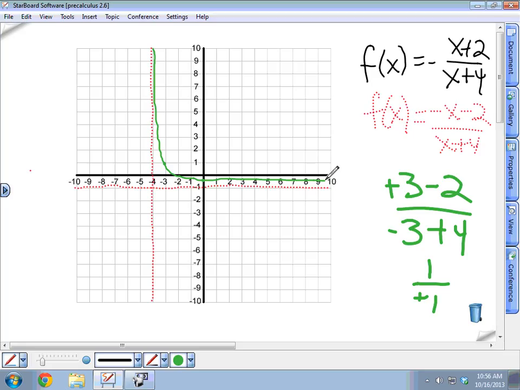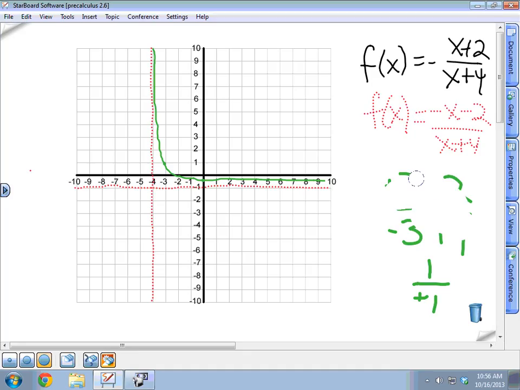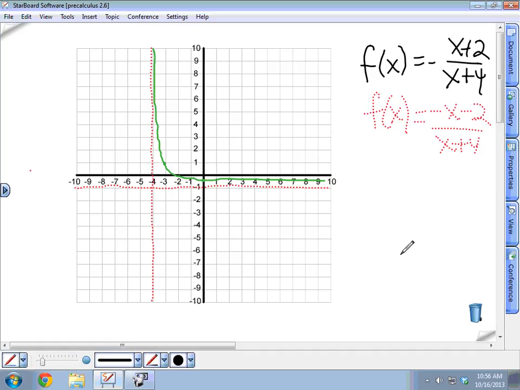So what's happening over here? We know what's happening. What happens as they get bigger? Where are we at when we get to negative 10? Let's find out. 8 over 6, negative 3 halves.